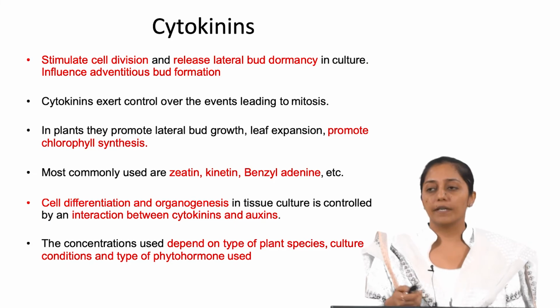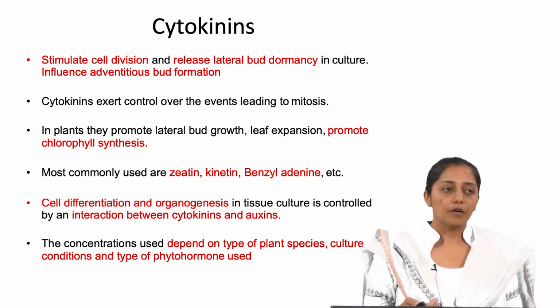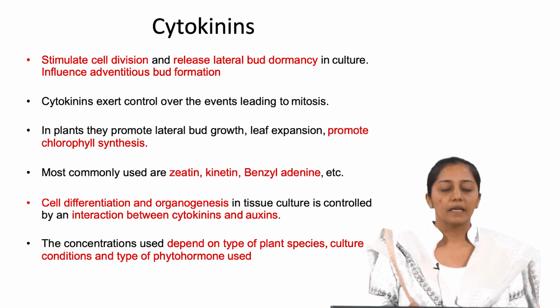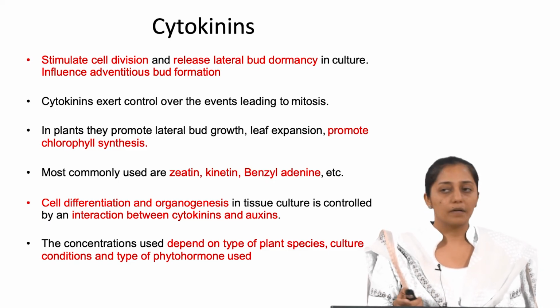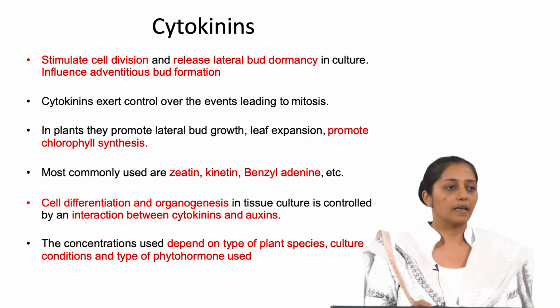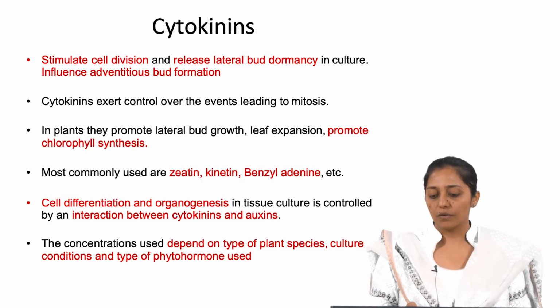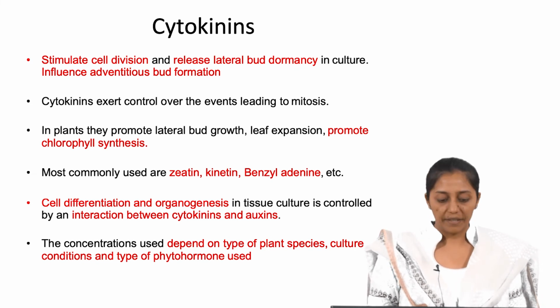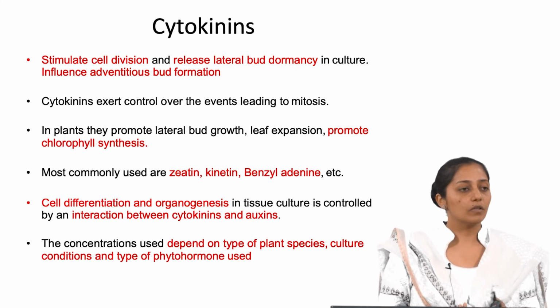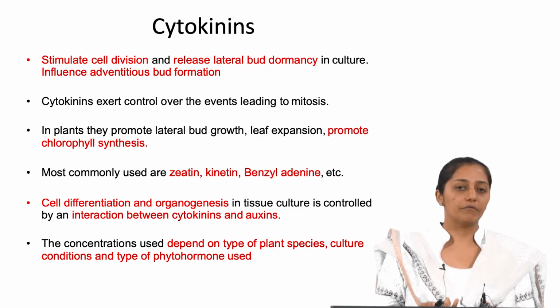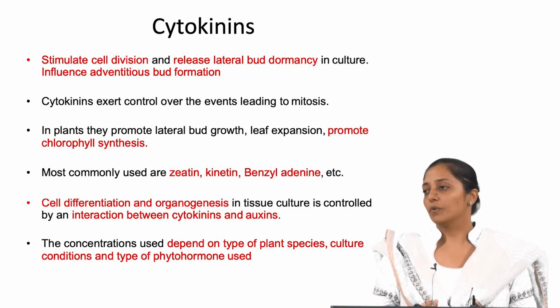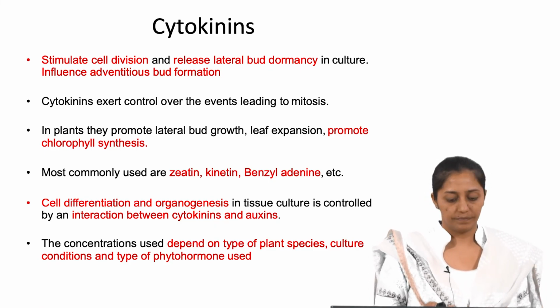And in in vitro plant tissue culture, higher concentrations of cytokinins can even lead to release of lateral bud dormancy, which means branching can happen then. So, cytokinins exert control over events leading to mitosis, and in some species they have been found to even promote chlorophyll biosynthesis.